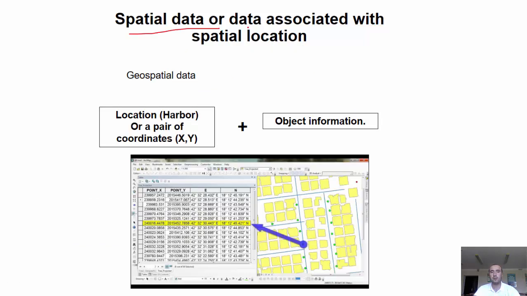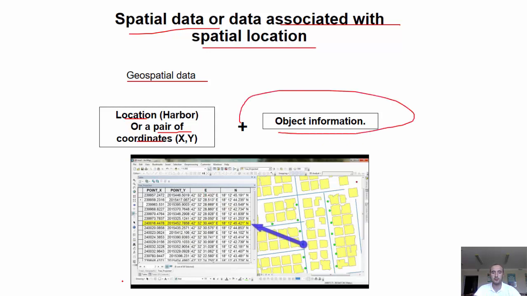Spatial data, or data associated with spatial location. Geospatial data has a location or a pair of coordinates, and we can see there is a geographical coordinate system and object information.